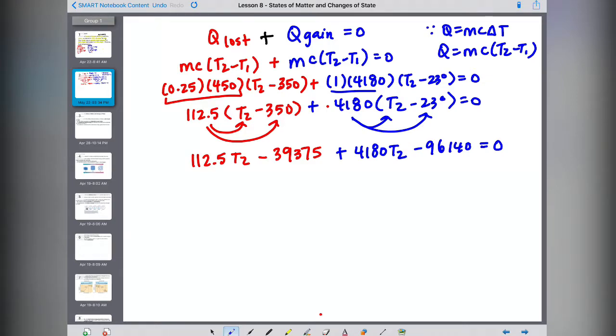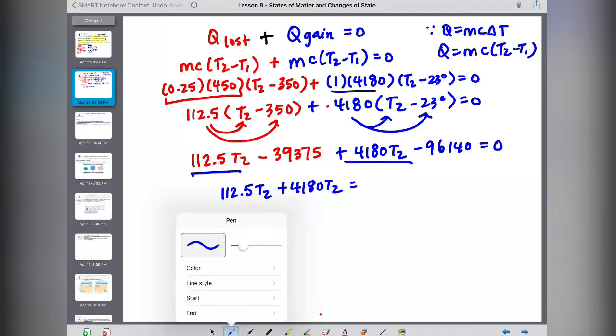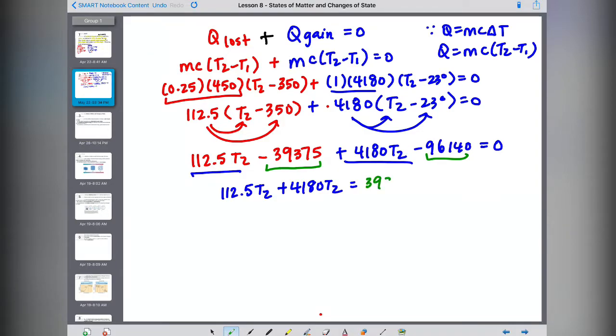Okay, so collect your like terms. Put the T2s on one side. And then move all your numbers, all the non-T2 ones, over to the other side so they all become positive.